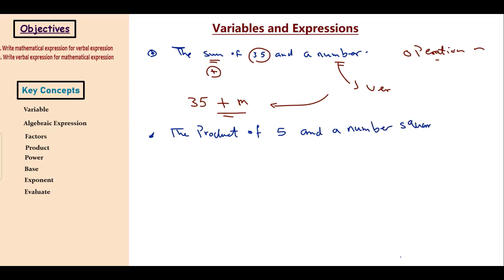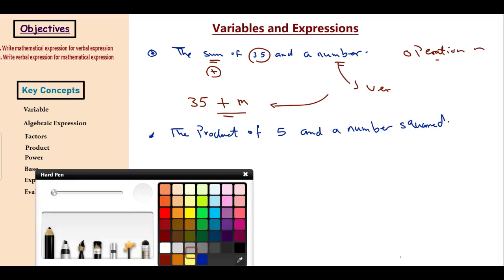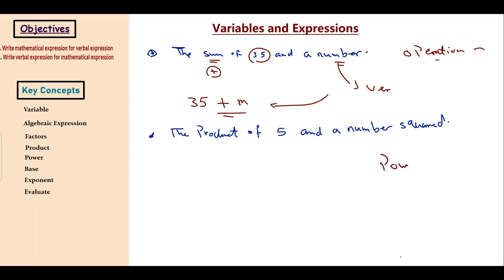squared. One more time, we need to understand that the words squared and cube mean we have a number raised to a power. When we're talking about the power expression, we have the base and we have the exponent, and this is another way of writing repeated multiplication.